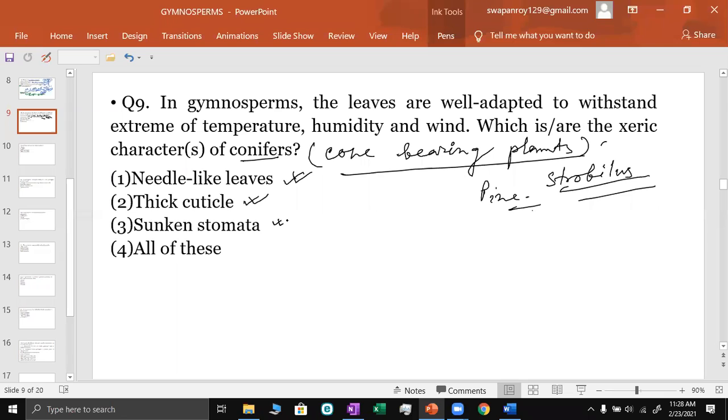Sunken stomata is also a character of xerophytes. All these three characters are for extremes of climatic condition. So our answer will be number 4.